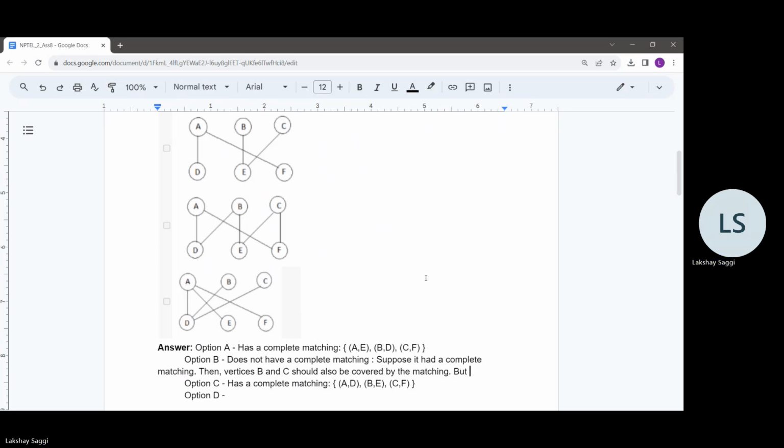So we established that vertices B and C should be covered by the matching. As B and C both have a degree of 1, they can only be covered by one edge each.